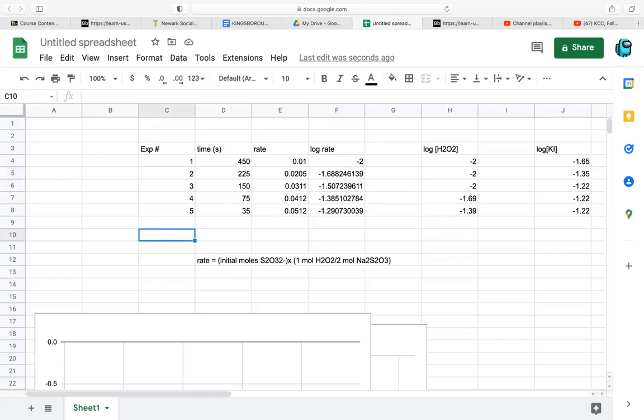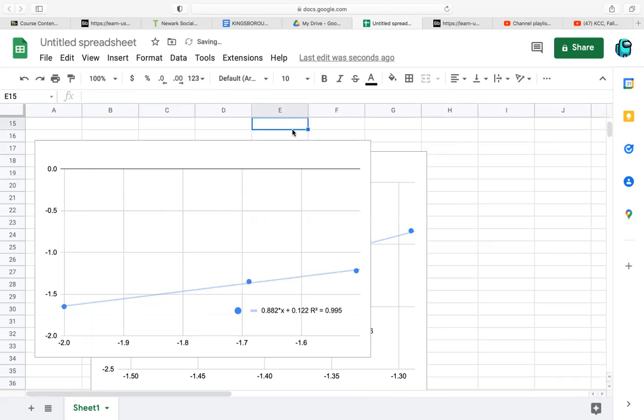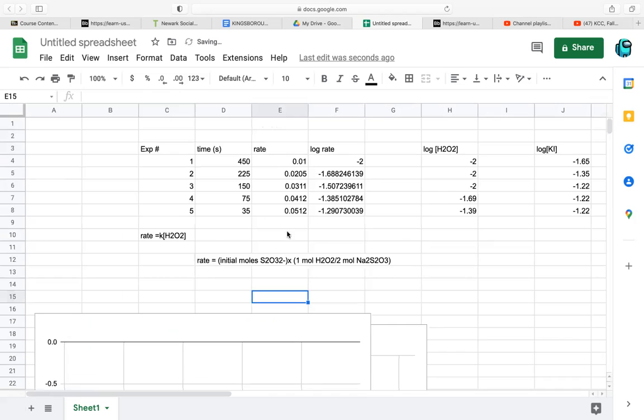I was trying to figure out how do I know. So we're using the rate law. So rate equals K, concentration of H2O2. And then you go, okay, well, let's go to that H2O2 graph. The slope is 2.8. So you come back over here and you say, oh, it would be 2.8.